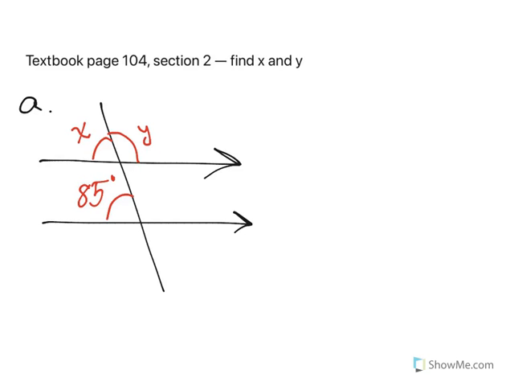Now, we know certain things about our parallel lines, our transversal, and our corresponding angles, our interior angles, and our alternate angles. So let me ask you, if we're looking at this example, how can we find x?